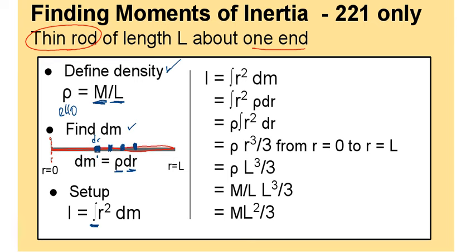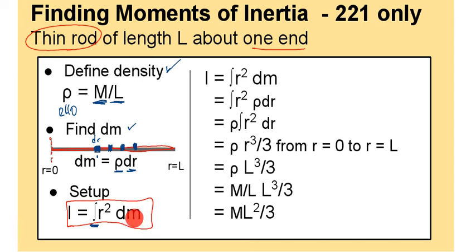The third step, now that we've done step 2, is to set this thing up, and that's not hard. It's always the same formula. This is what you always want to do on these things. The moment of inertia is always equal to the integral of the radius squared with respect to mass. Integral r squared dm.